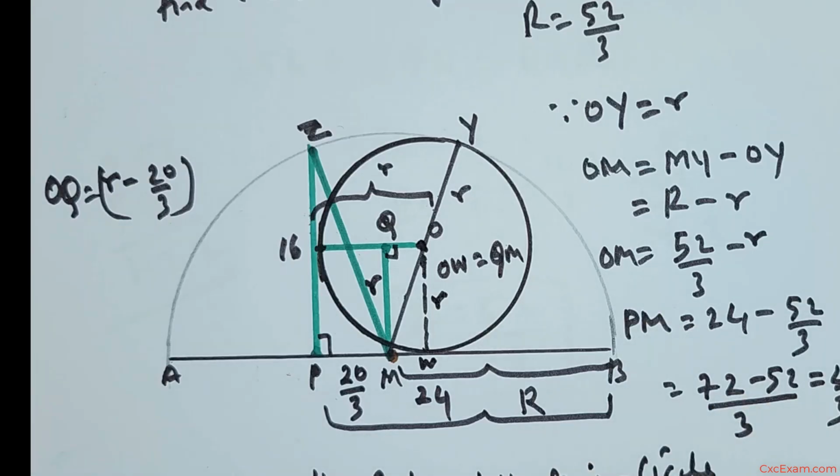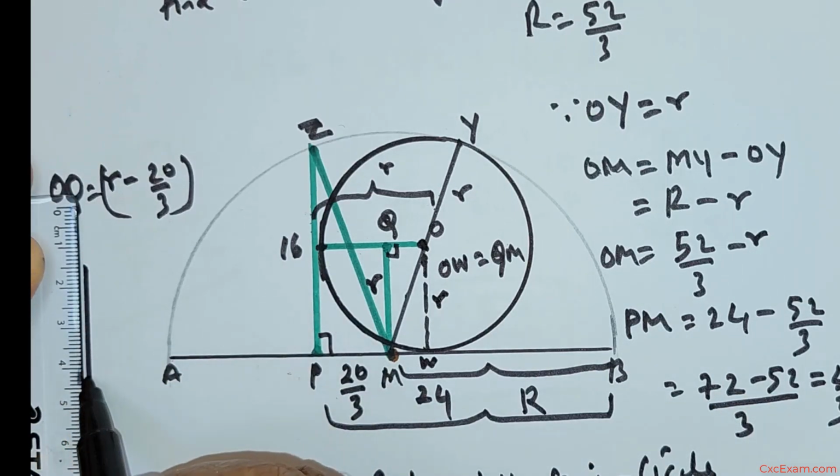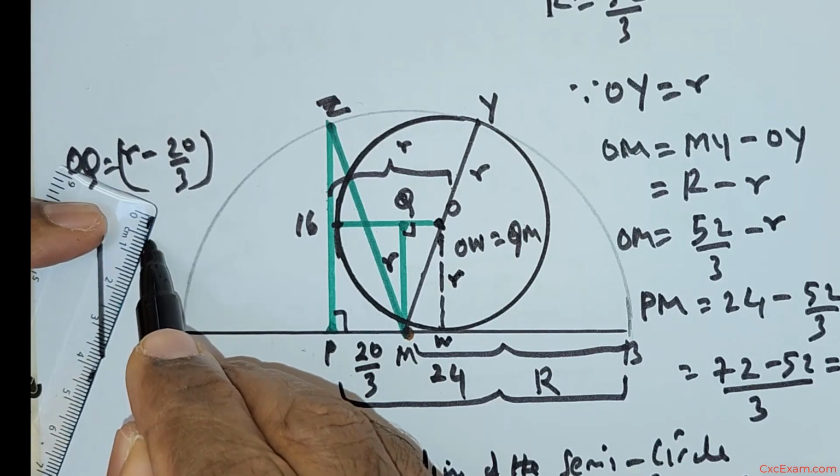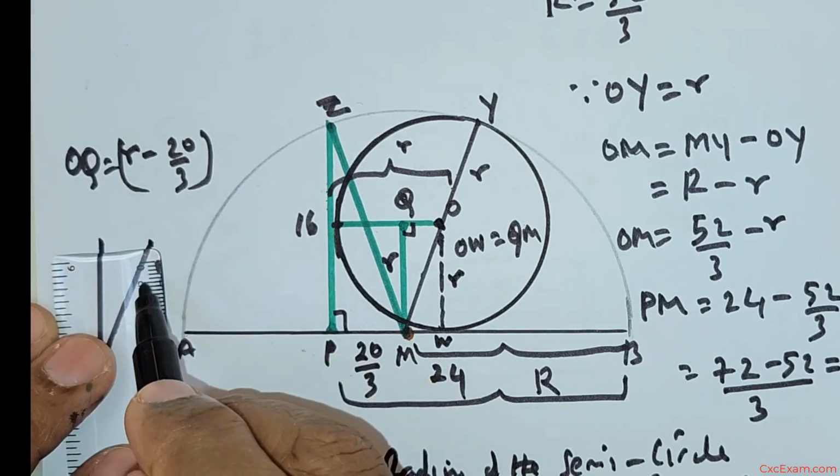So if I were to extend this, this is how the triangle looks. As of now, this is the shape of the triangle.